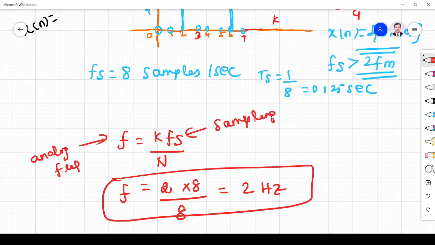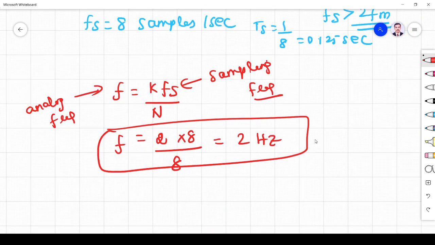So now we are sure our problem is correct. Once I know f and fs, I know where my peak will be. So when I see this peak value, from this I can understand my signal frequency is 2 Hz. This is what we have to know.